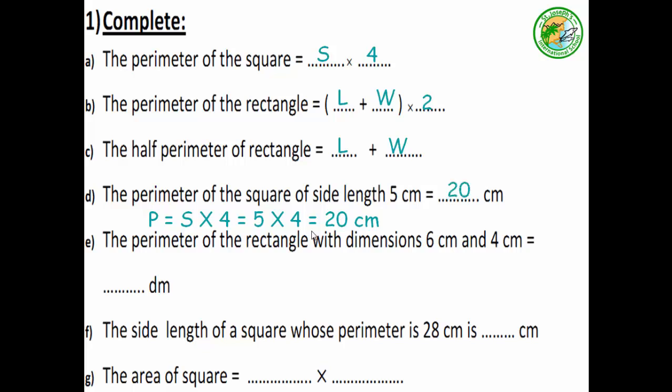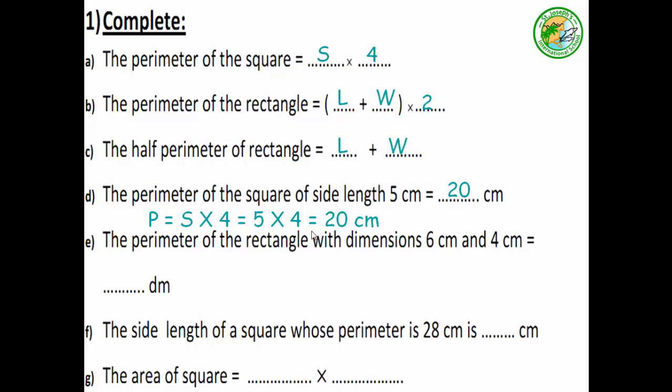The next one, the perimeter of the rectangle with dimensions 6 centimeters and 4 centimeters equals... We said before that dimensions means the length and the width. Here we have a rectangle, its length equals 6 centimeters and its width equals 4 centimeters.